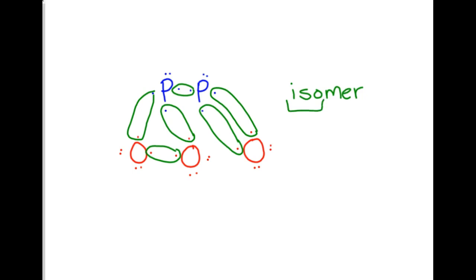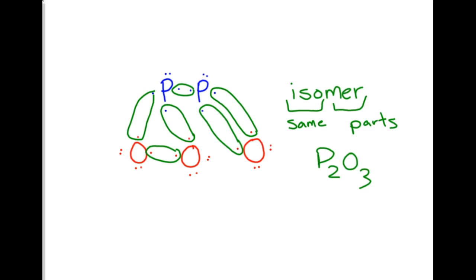Iso in science means same or similar. Mer means parts. So both of our diagrams use 2 phosphorus and 3 oxygen, but we arranged our electron pairs differently, which means the 3-dimensional structure is going to be slightly different, and that's fine.